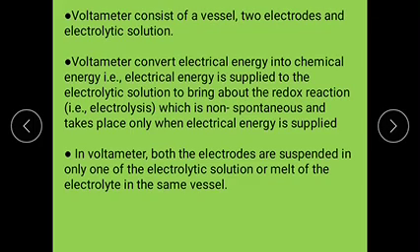When electrical energy is supplied to the electrolytic solution, it dissociates into ions, and then those ions move towards the electrodes, and the corresponding reactions take place at the electrodes.